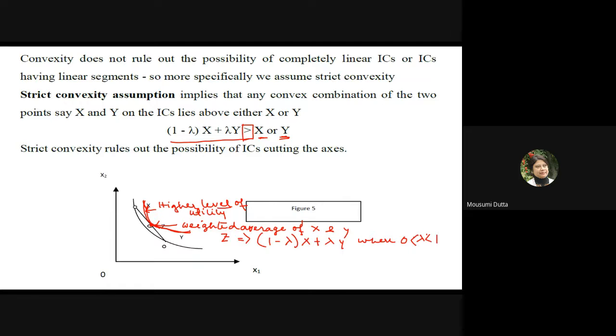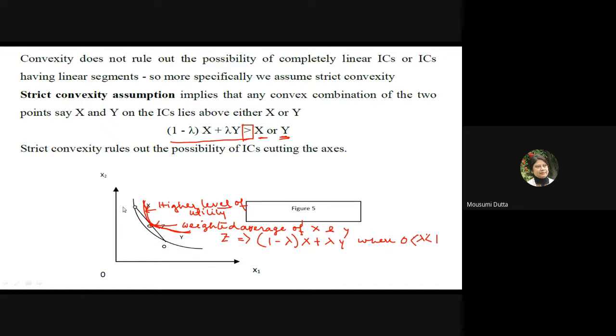So, to understand the concept well, we are telling that generally the indifference curve will be strictly convex to the origin. Strict convexity assumption we are considering. Strict convexity assumption indicates that any convex combination of two points, say x and y on the IC, lies above either x or y.